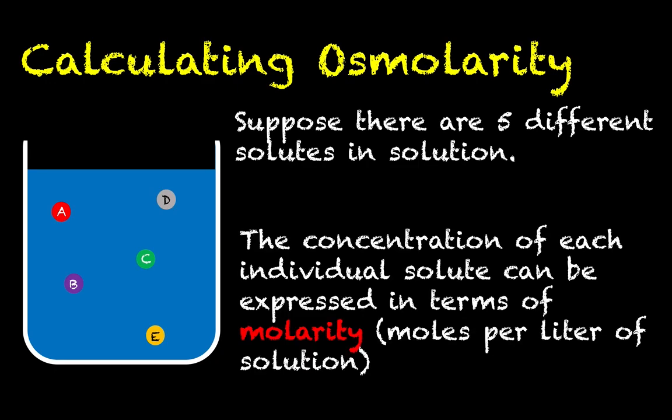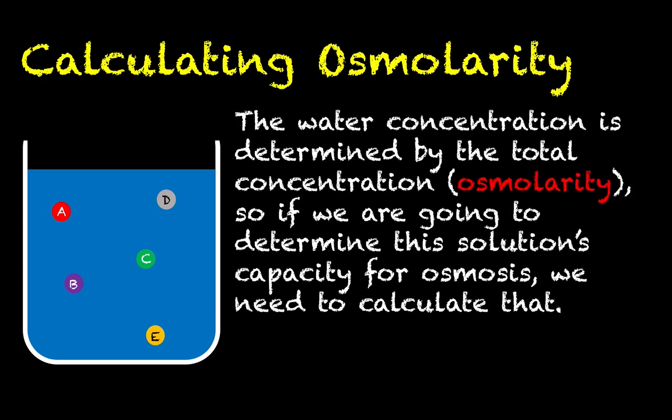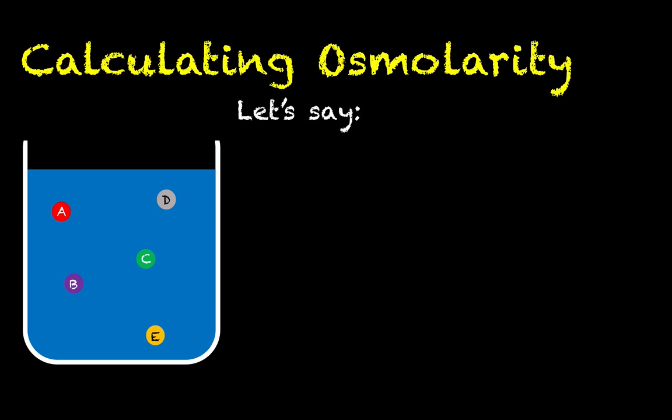The concentration of each individual solute can be expressed in terms of molarity, which is the number of moles of that solute per liter of solution. The water concentration, as we've said, is determined by the total concentration or osmolarity of these 5 solutes put together. So if we're going to determine this solution's ability or capacity for undergoing osmosis, that's going to be something that we're going to need to calculate.